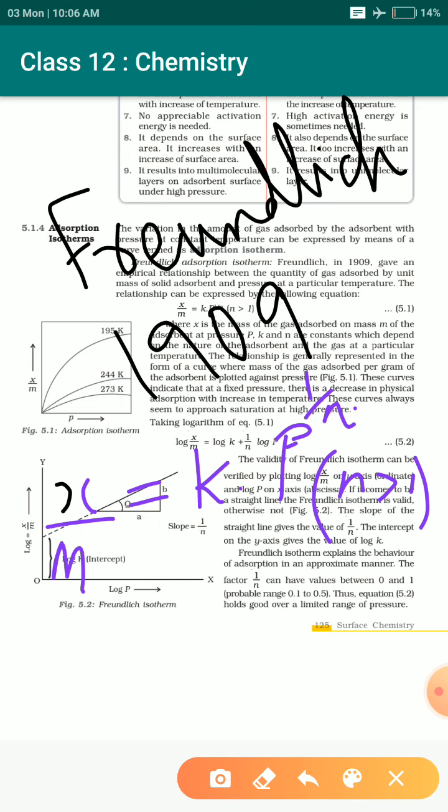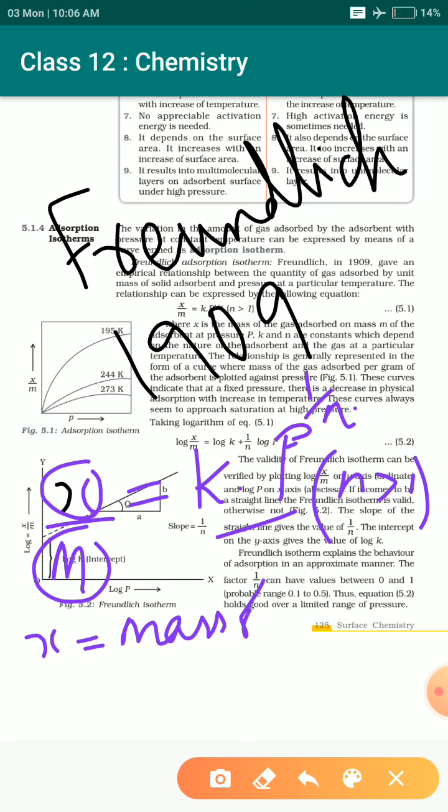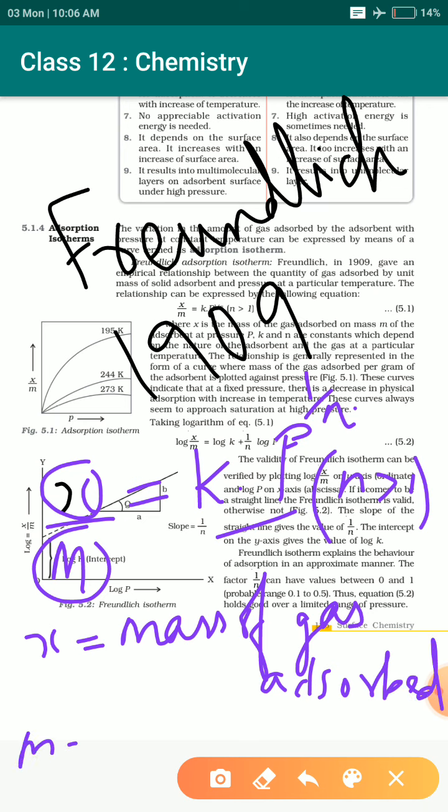So what do these letters depict? x is the mass of the gas which is adsorbed. m is the mass of the solid, or the mass of the adsorbent, over which the gas has adsorbed.